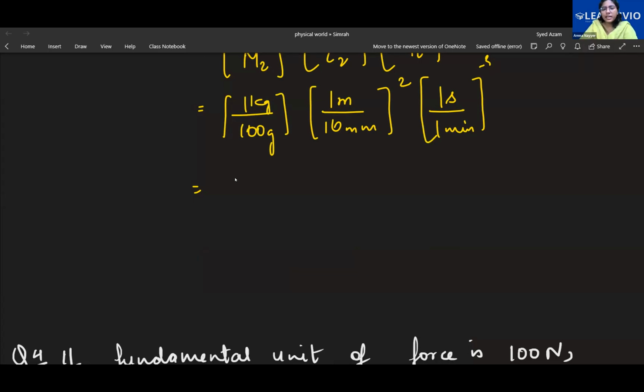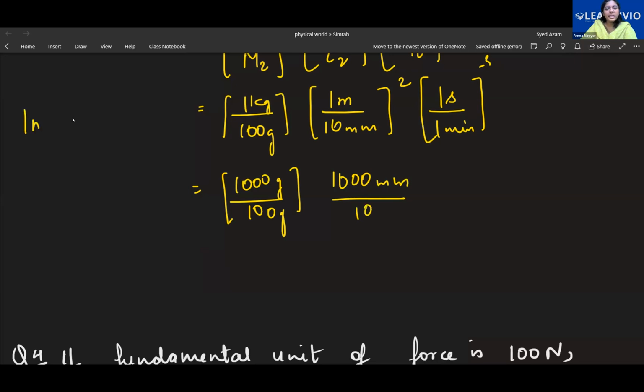Let me write kg as 1000 gram by 100 gram. 1 meter is 1000 millimeters by 10 millimeters. I hope you know when we write milli, this is 10 to the power minus 3 meter.